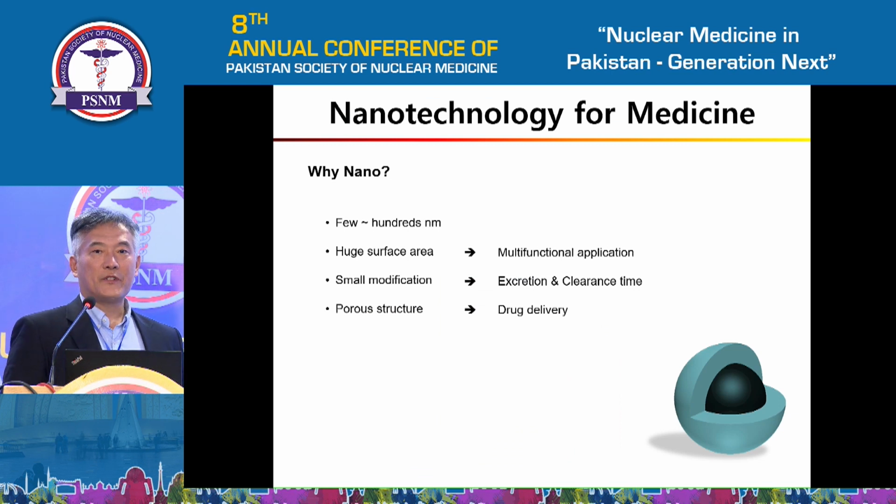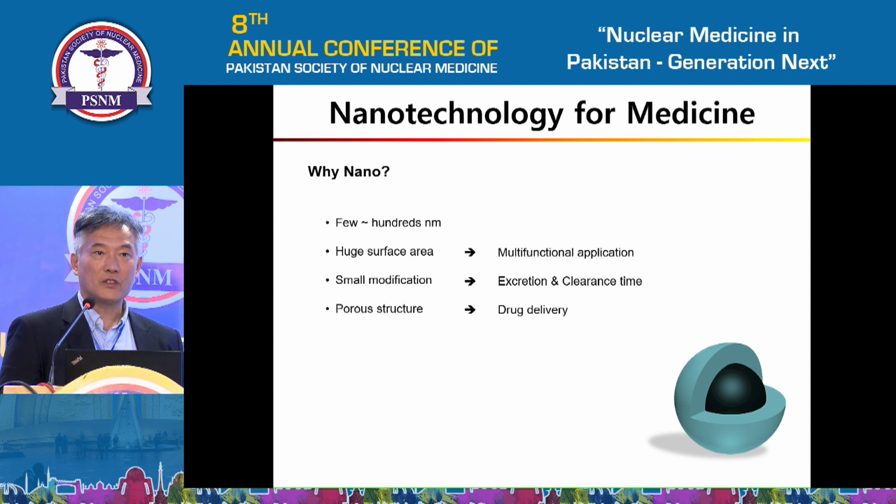So after almost 30 years devotion of the scientists of the nano field, they produced so many kinds of industrial products, such as quantum TV or quantum something like a nano industry field.